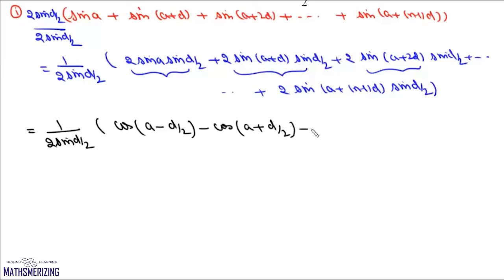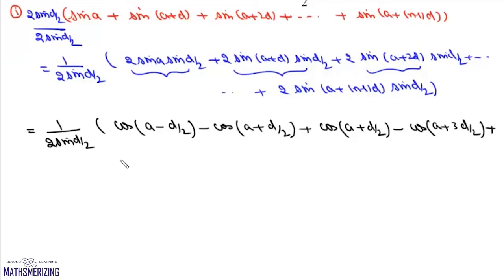Now for the second one, it will be cos A plus d by 2 minus cos A plus 3d by 2.